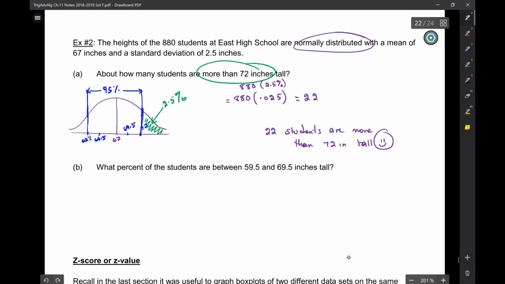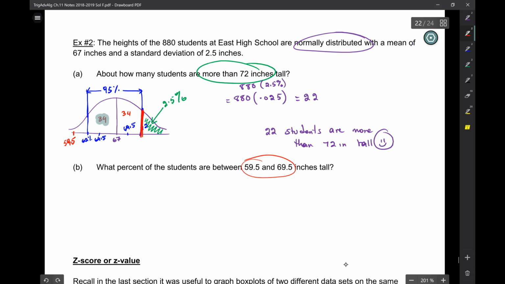Now it says what percent are between 59.5 and 69.5. So where is 59.5? 59.5 is right here. And 69.5. So now I have to add. Look, this is 1 standard deviation away, and it was 68%. So it was 34, 34.